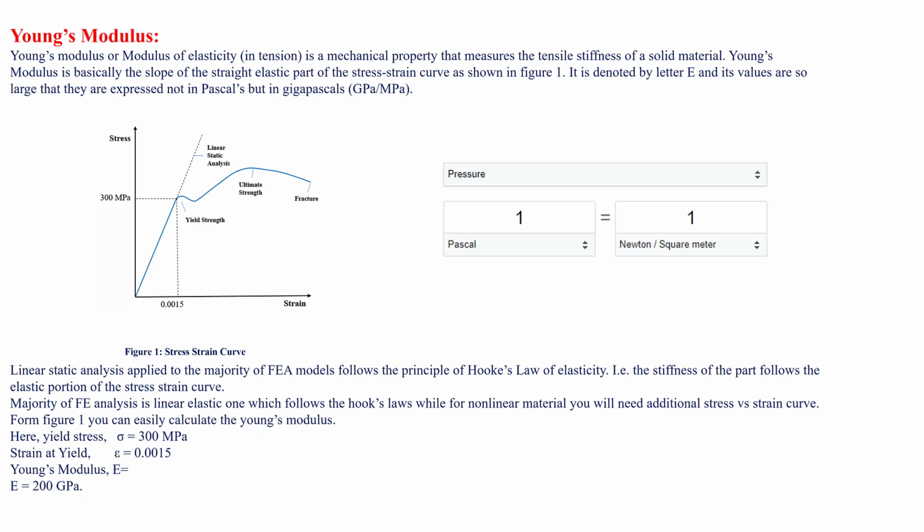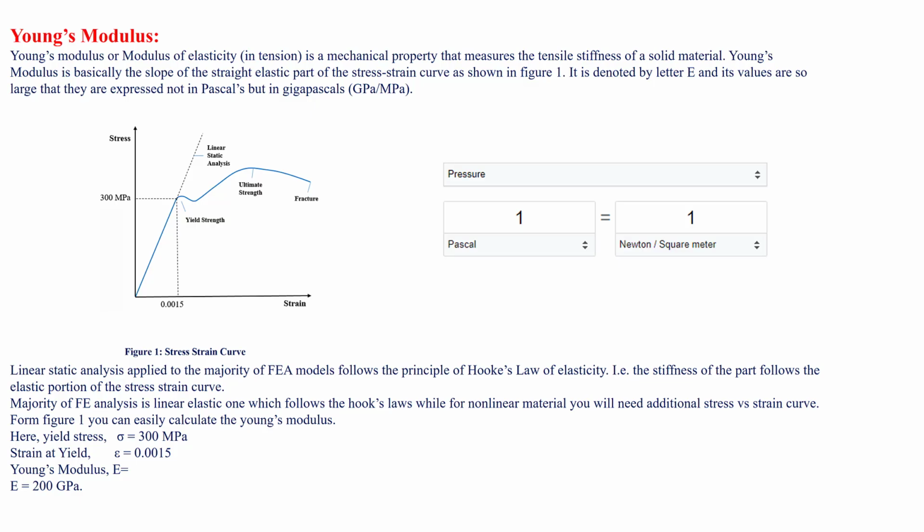The stiffness of the part follows the elastic portion of the stress strain curve. The majority of linear static analyses follow Hooke's law. We don't need to worry about it there. When it comes to nonlinear analysis, we consider the stress strain curve along with the hardening rule.